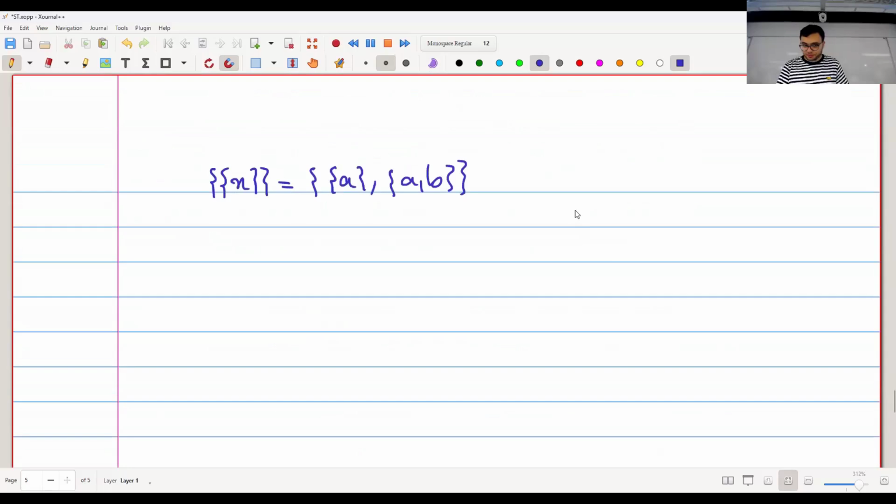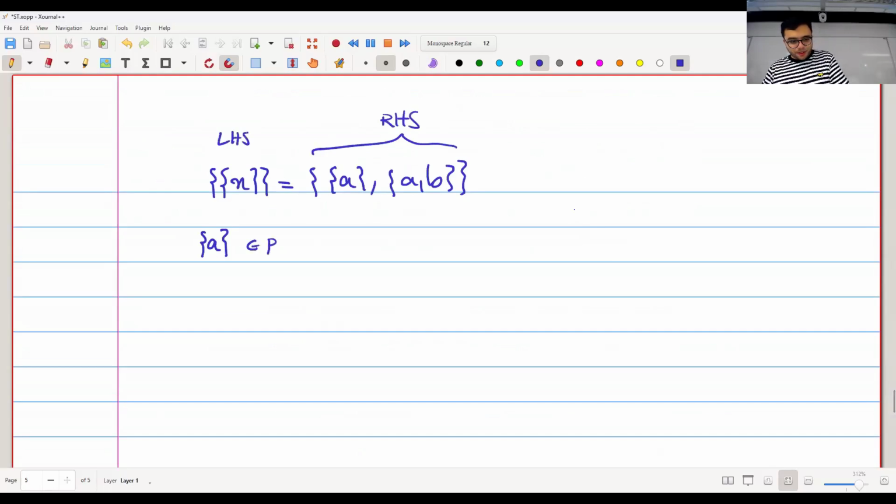Okay. So these two sets are equal, so they should have the same elements. But now look at this. I have this, the set containing A. It's an element of the right-hand side. So let me just call this the right-hand side and call this the left-hand side.